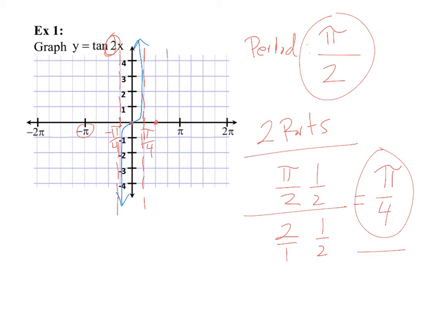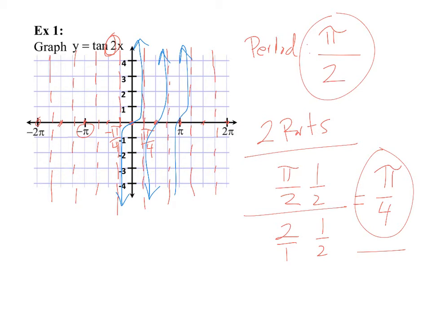There's my intercept. Asymptote, intercept, asymptote, intercept, asymptote, intercept, back the other way, intercept, asymptote, intercept, asymptote, intercept, asymptote, intercept. And then I have my graphs.